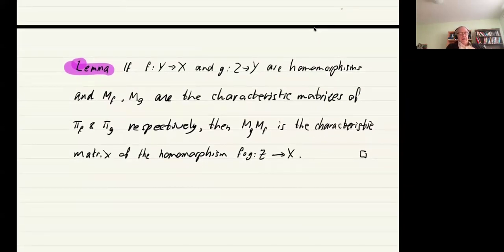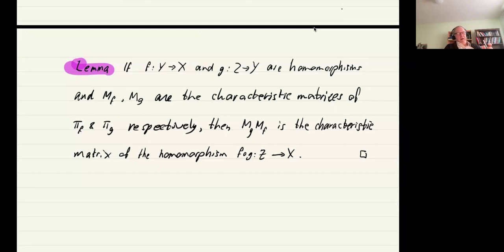Now, the next thing is you can compose homomorphisms by just forming the composition of functions, and so if the codomain of one is the domain of the next, then you can compose. So what this means is that if you take the setup where you have graphs as your objects and homomorphisms between graphs as your arrows, then there's a category there.